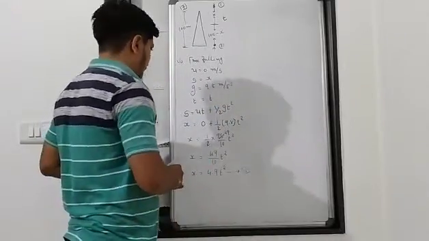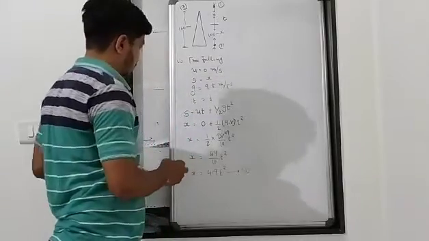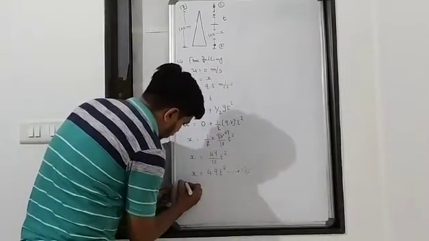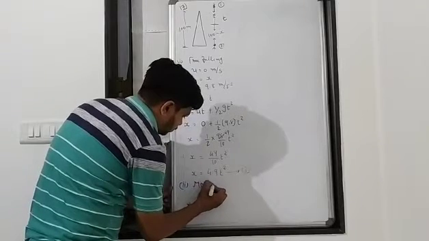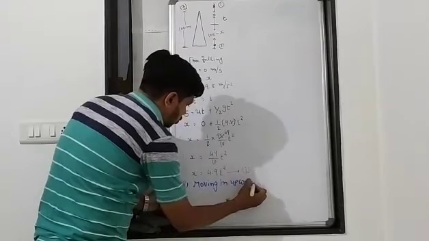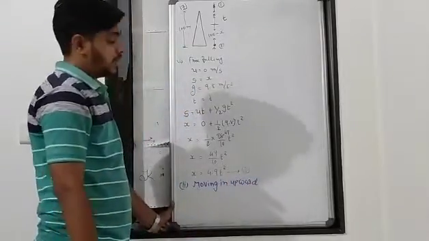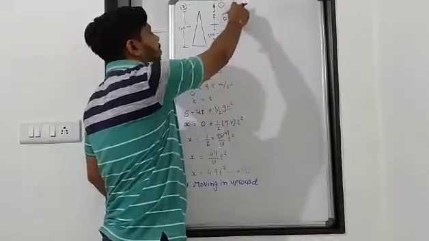Now I am applying the same thing on the second object. But it is moving in the upward direction, so the values will change. In upward motion, v is 0 at maximum height, but this object is not attaining a maximum height.